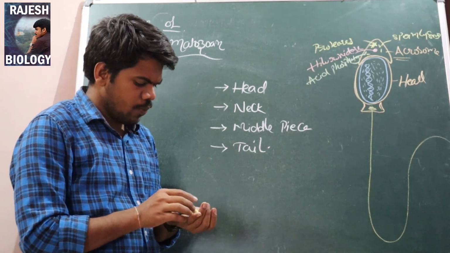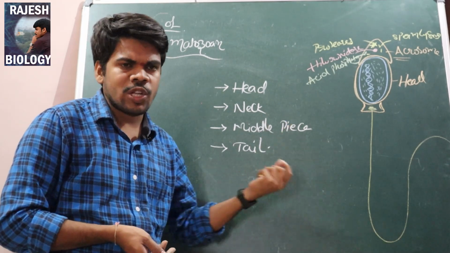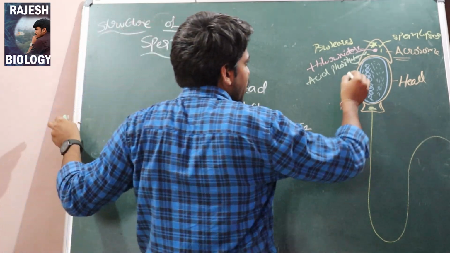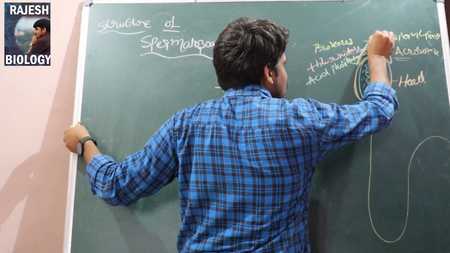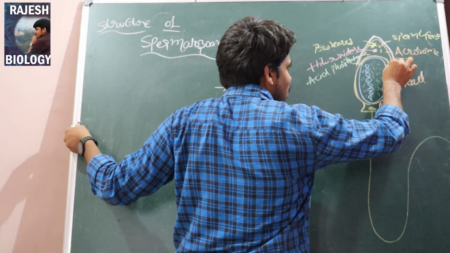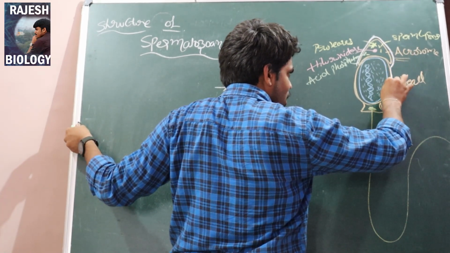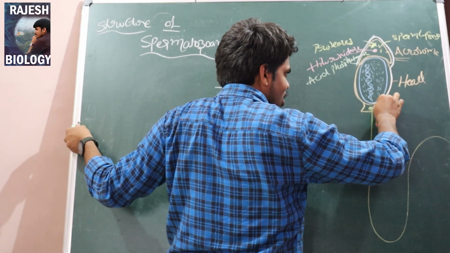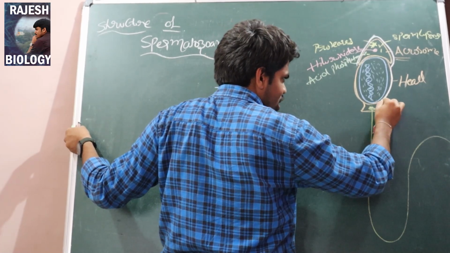Now, this entire sperm cell structure is covered by a plasma membrane. The head is within the plasma membrane, and within it the nucleus is present. The neck region is also covered by plasma membrane.